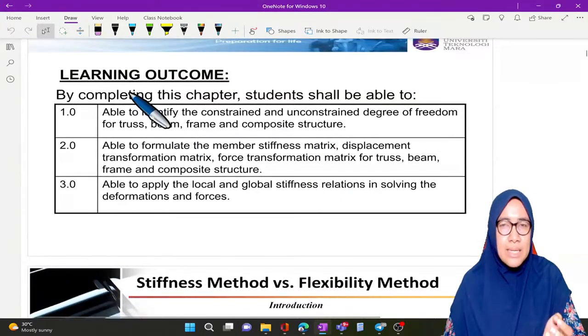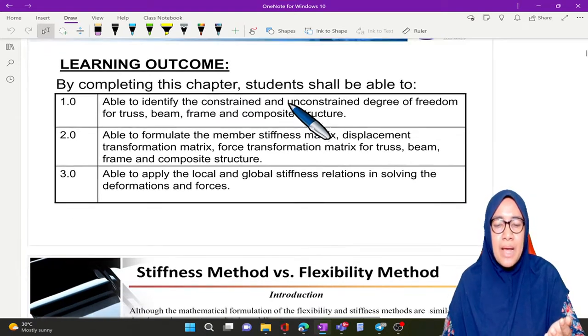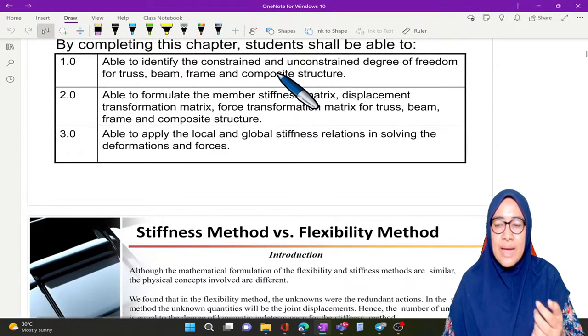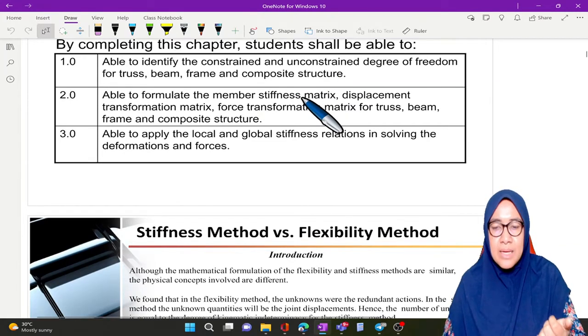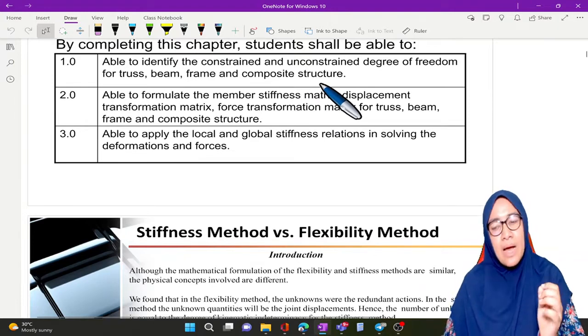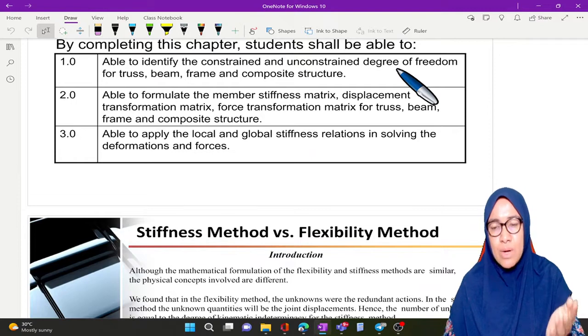Learning outcome number 1: by completing this chapter, you should be able to identify the constrained and unconstrained degrees of freedom. The keywords are constrained and unconstrained degrees of freedom for truss, beam, and frame, and a bit about composite structure, which is a combination of bar element, EA element, as well as EI element in one structure.